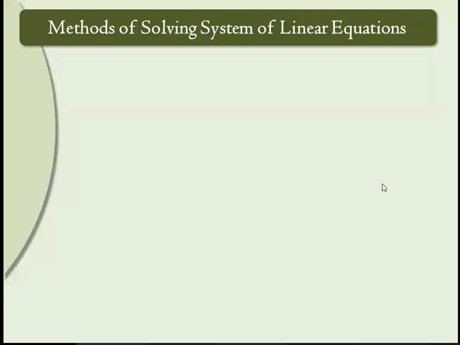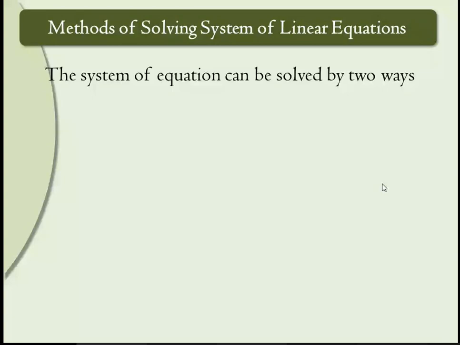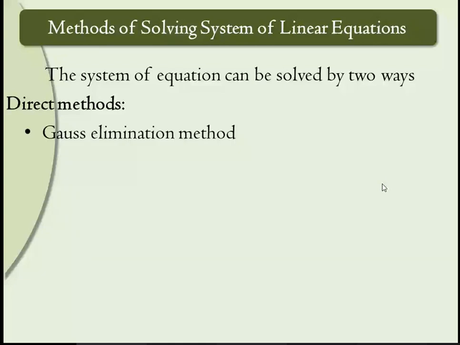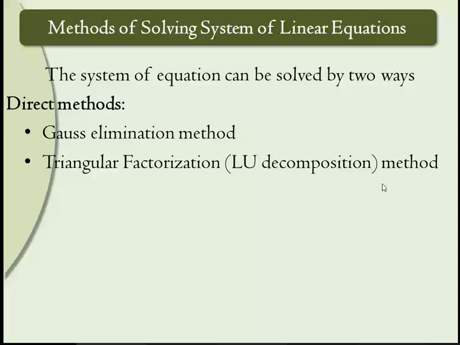Now in this we are going to learn some different methods to solve the system of equations. Mainly there are two types of methods. The first type is the direct method. In these direct methods we are going to see the Gauss elimination method, then triangular factorization, also called the LU decomposition method.